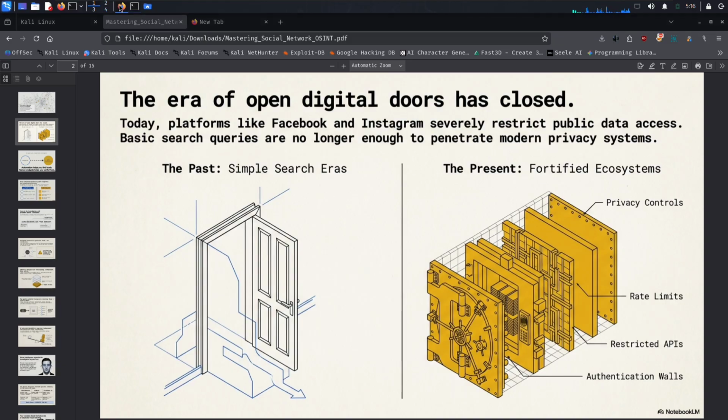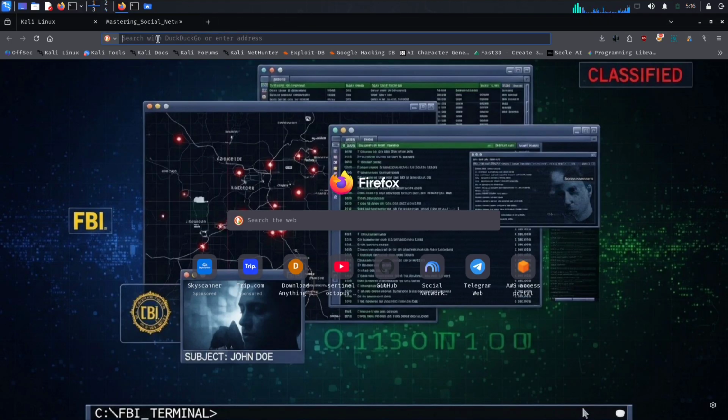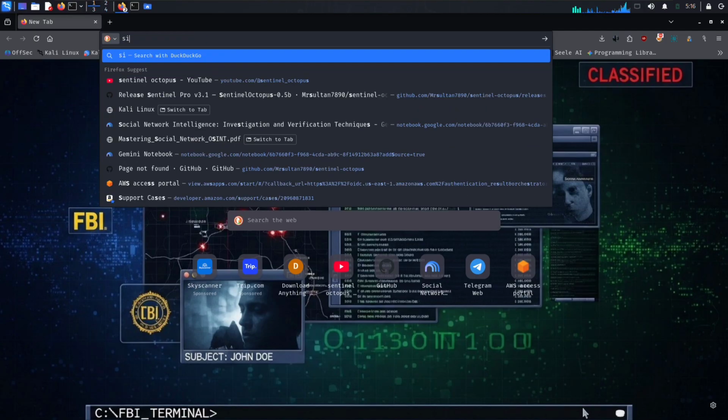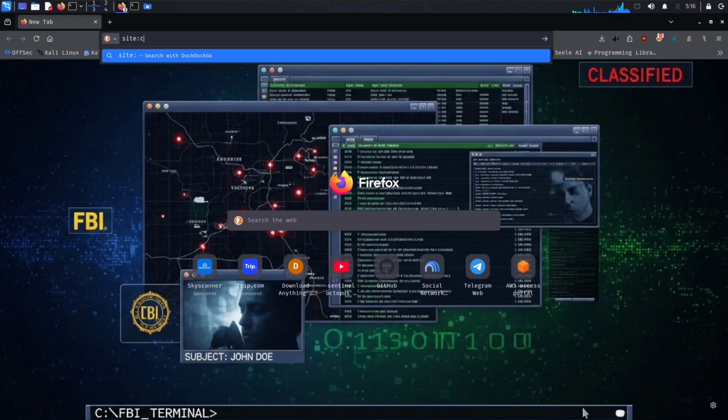site:facebook.com "Tom Johnson". Let's understand what we're doing here. The site operator limits our search to a specific website, in this case, facebook.com, and the quotation marks tell the search engine to look for the exact phrase, Tom Johnson. You can manually change the website in this query depending on the platform you're investigating.